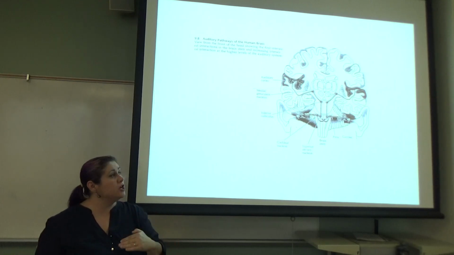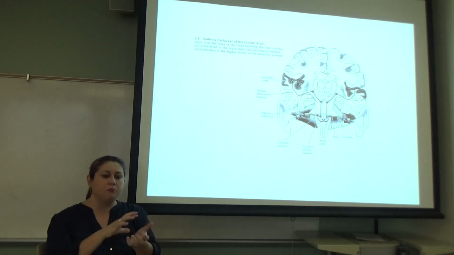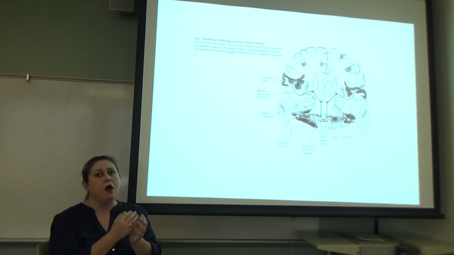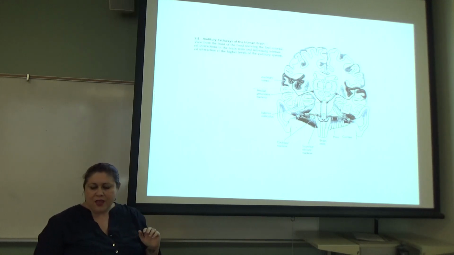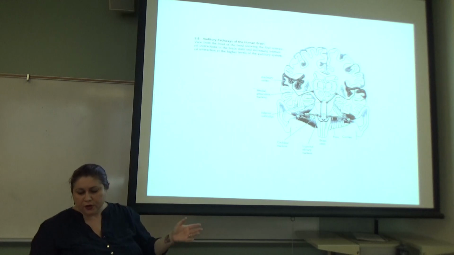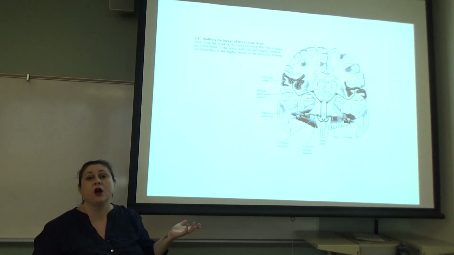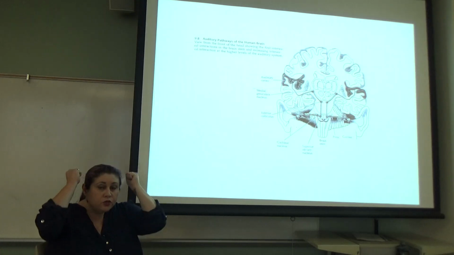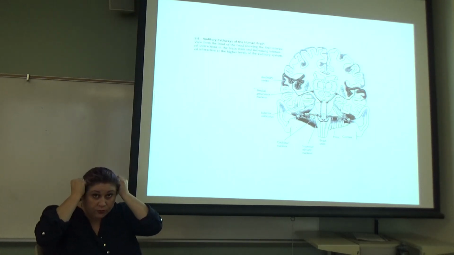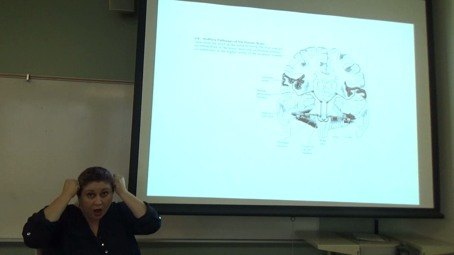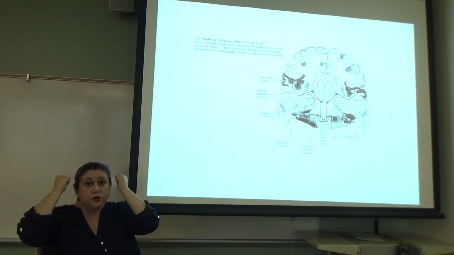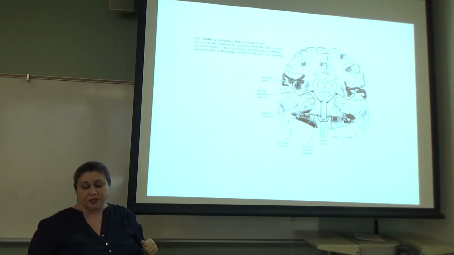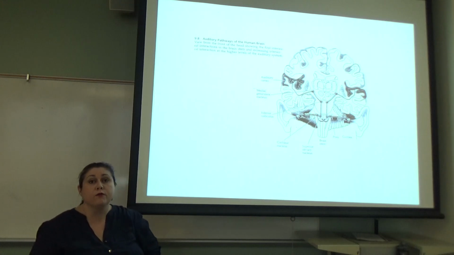So the medial geniculate nucleus is the auditory structure on the thalamus. Then from the inferior colliculi and the medial geniculate nucleus, the information goes to your auditory cortex. Your auditory cortex is in your temporal lobes, and that's where you do your primary auditory processing. Then it goes out from there for more complex processing, and it gets shared with the rest of the brain.